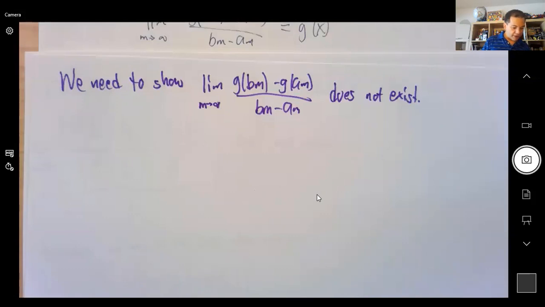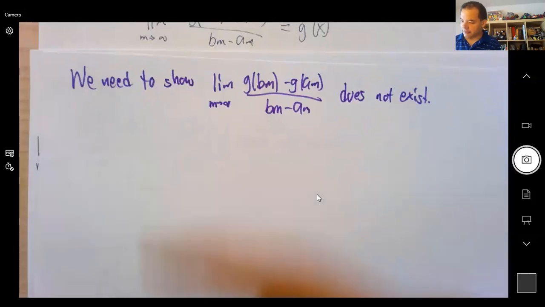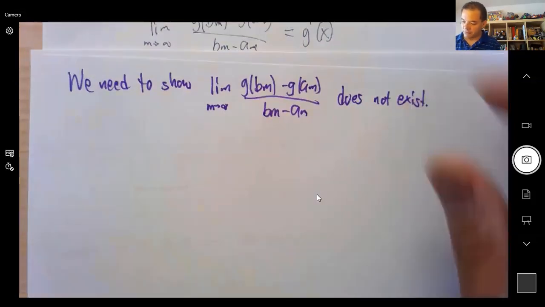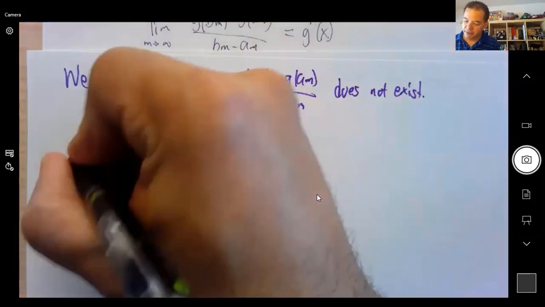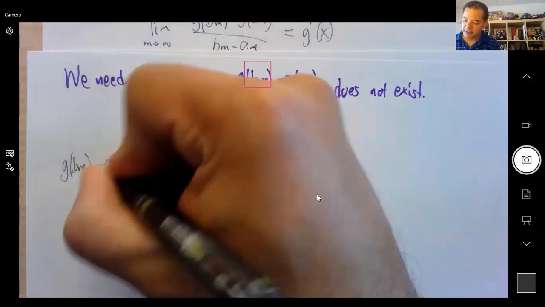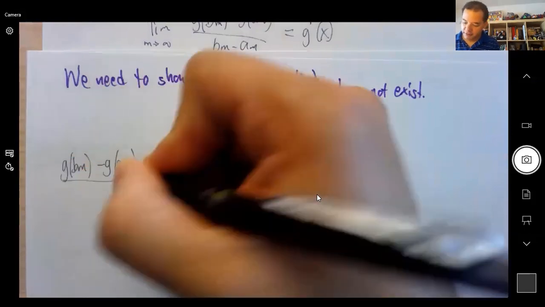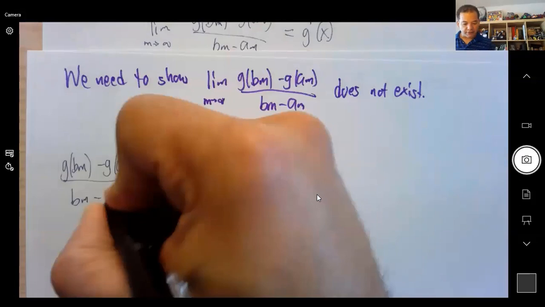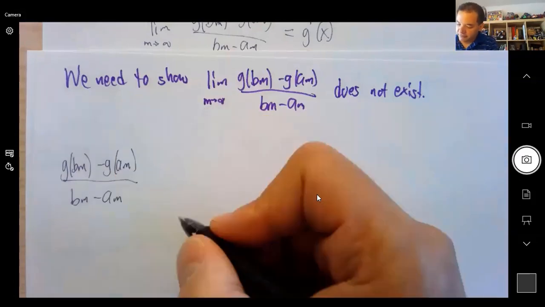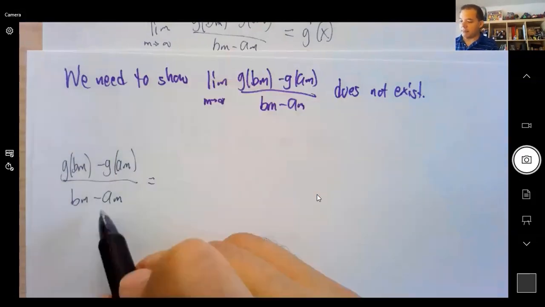So we just need to evaluate all of those numbers. And here's how we do it. Let's write what is G of Bm minus G of Am over Bm minus Am. All right, so first the denominator, Bm minus Am.